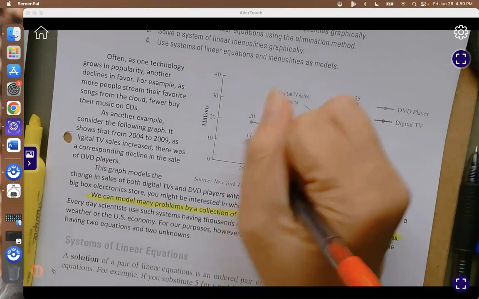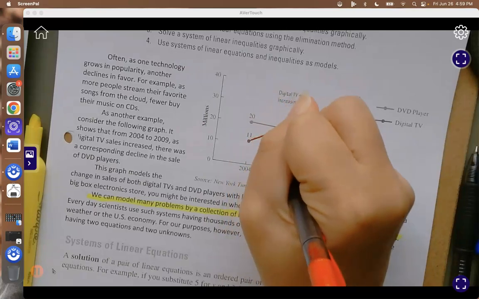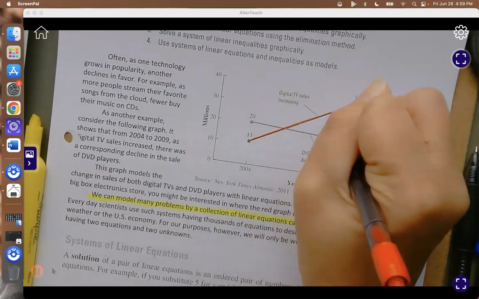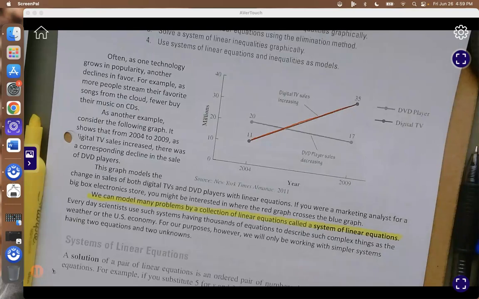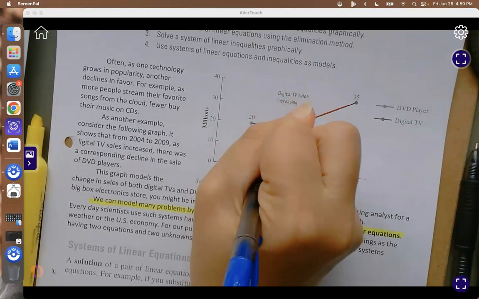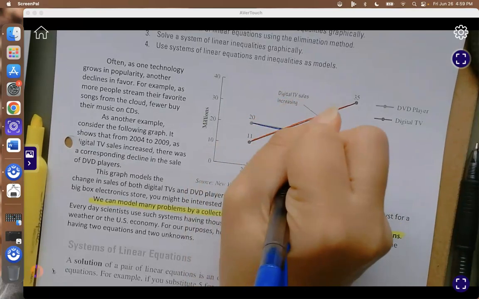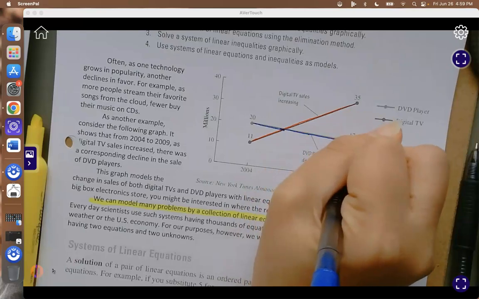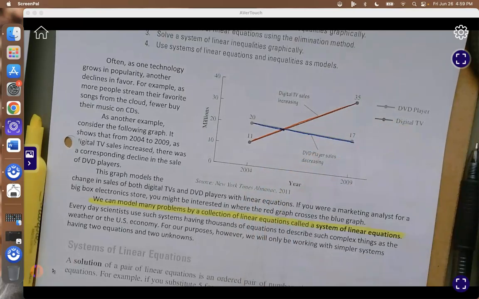So here, this was considered the red line, and this was considered the blue line. If you wanted to know when the digital TV sales overtook the DVD player sales, you could do that if you had an equation.